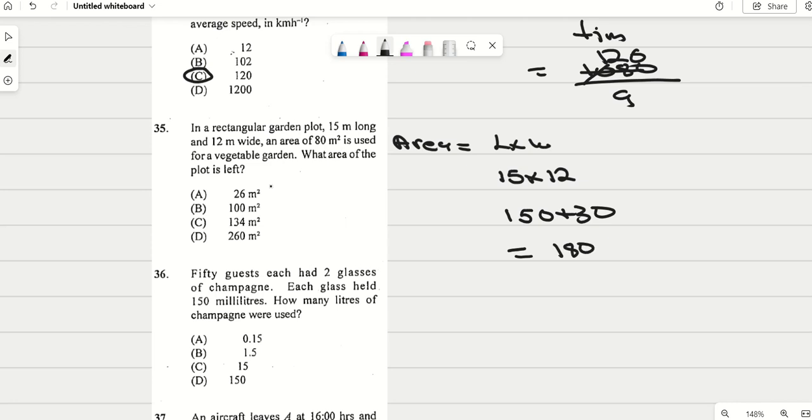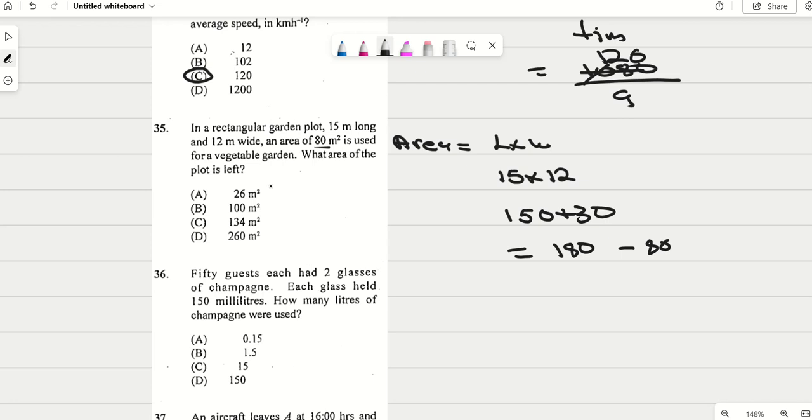Guys, what I did there was 15 multiplied by 10 plus 15 multiplied by 2. That's just an easy way to multiply if you have two digits like this. So that's 180, and they told you that they use 80 meters squared. So we minus 80.